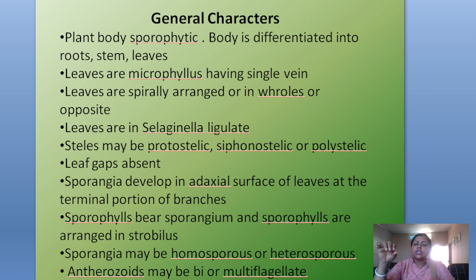So sporangia may be homosporous, for example in Lycopodium, and it may be heterosporous, for example in Selaginella, where all the spores are heterosporous. And antherozoids may be biflagellate or multiflagellate.